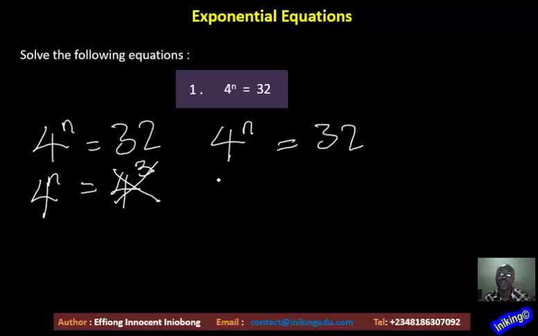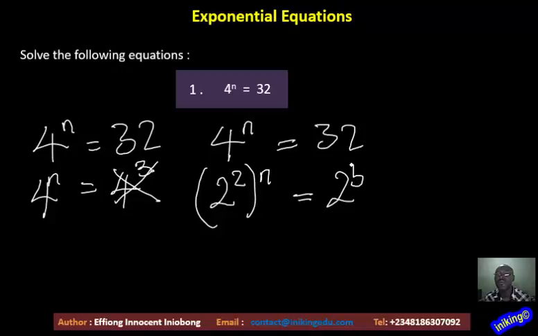Since 4 is not suitable, let me try the next smaller number, which is 2. And 2 raised to power 2 will be 4, with everything raised to the power of n. And what about 32? Can I express 32 as a power of 2? Yes, I can express this as 2 raised to power 5.